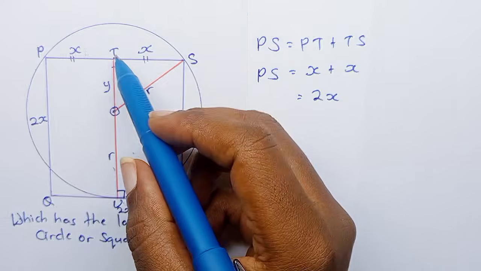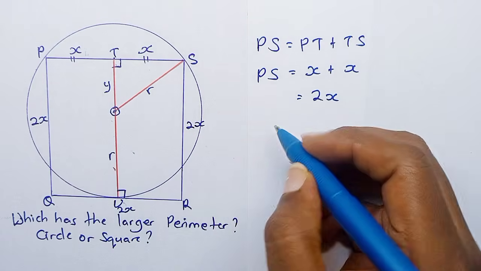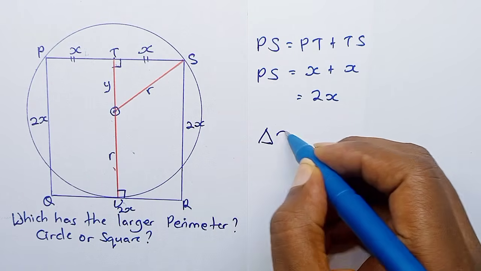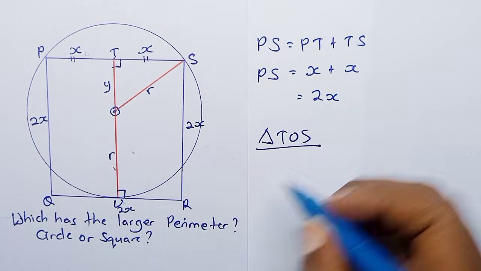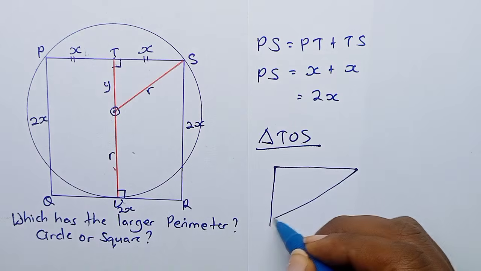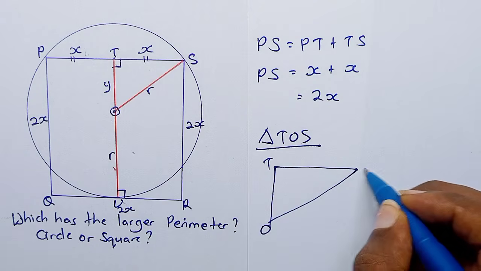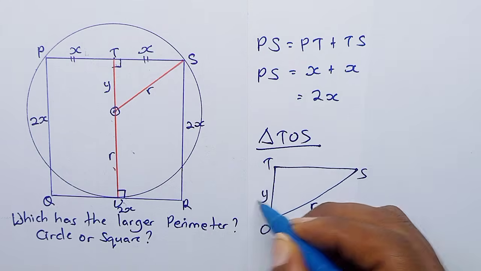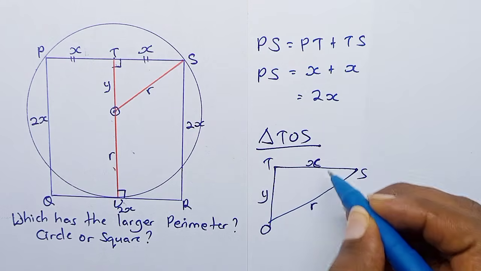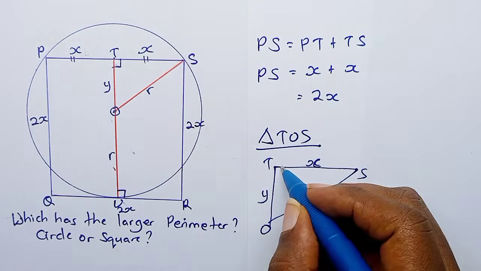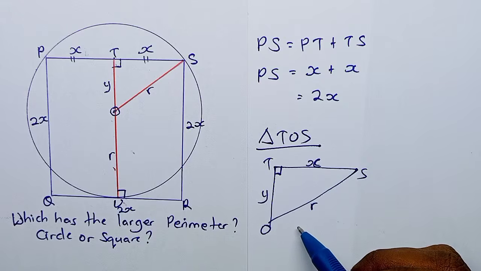Now if we shift our focus to this triangle TOS, this is R, this is Y, and this is X. This is 90 degrees, so it is a right angle triangle.